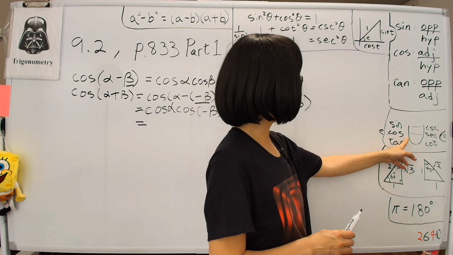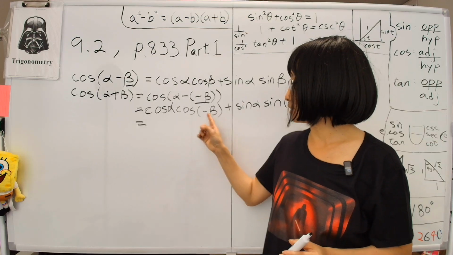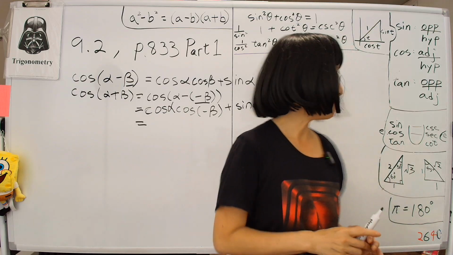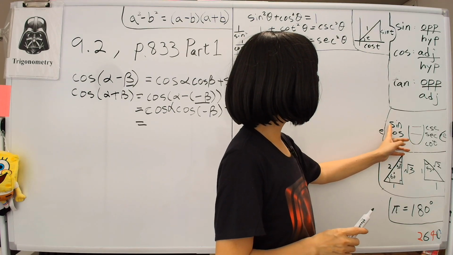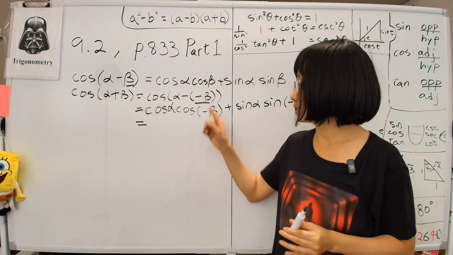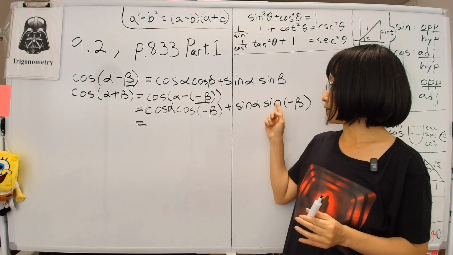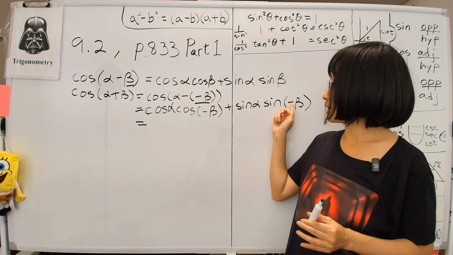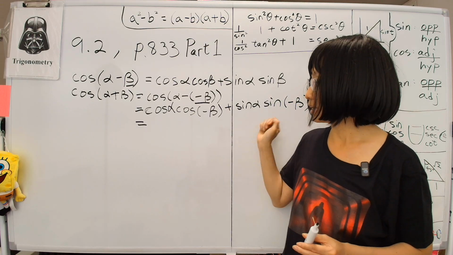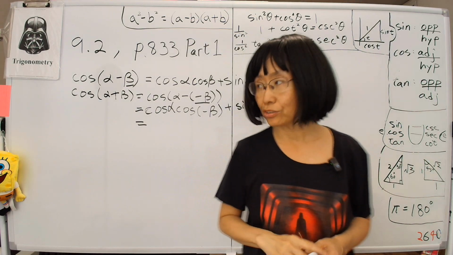When things are even, if it has a negative sign in there, you can just throw it away like it's not worth anything. But if it's one of the other functions that are odd, as in the sine's case, the negative sign has to come out. You can't throw it away. So that's what we're going to do.